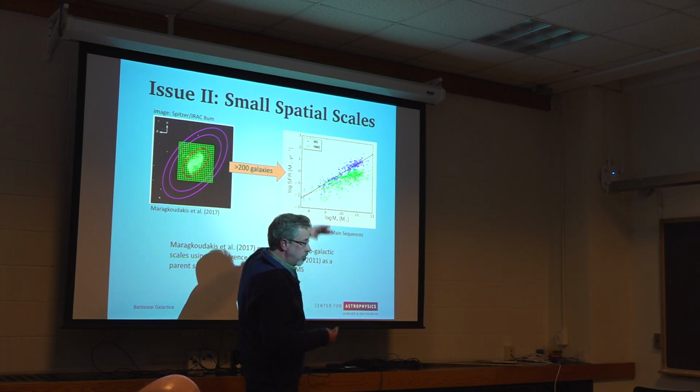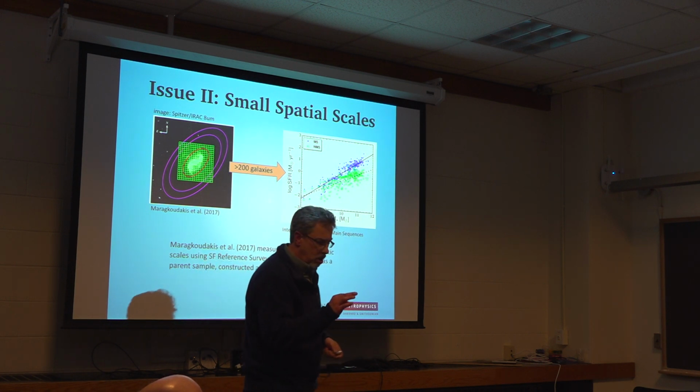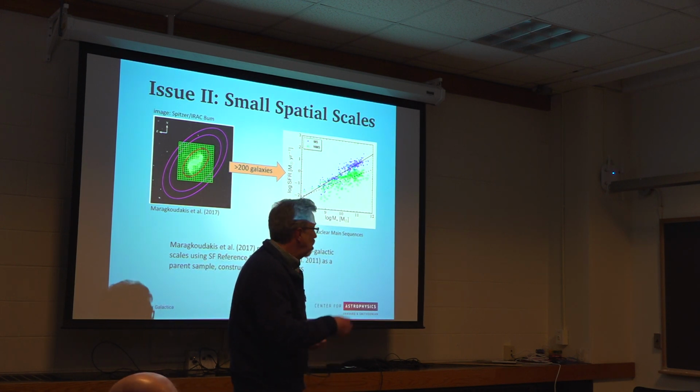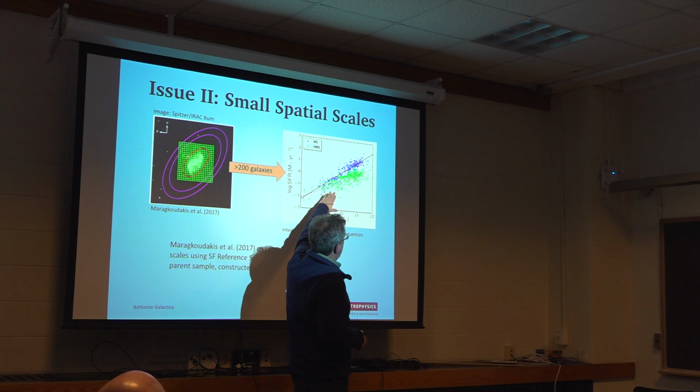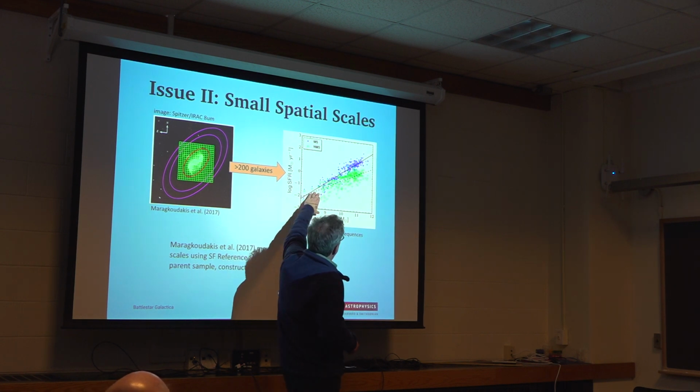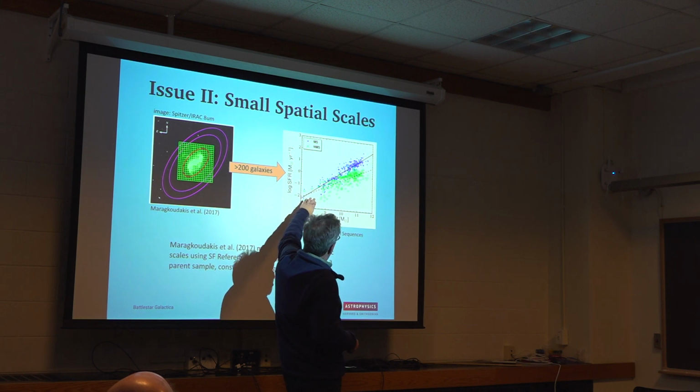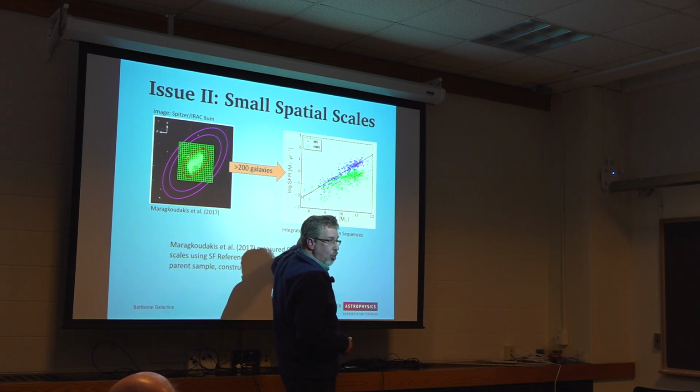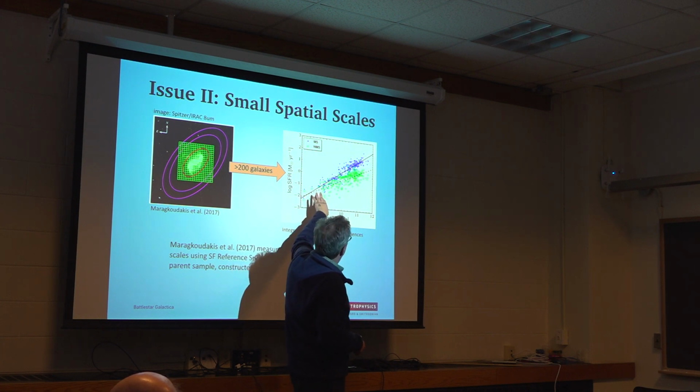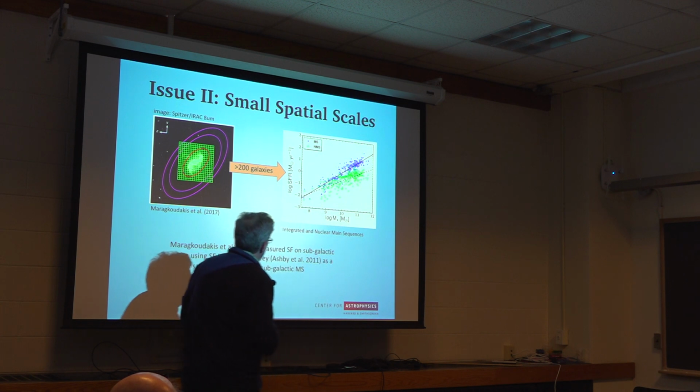If we put an aperture down just over the nuclei though, we get a different slope. We get a different behavior, which looks like the star formation is mostly concentrated in the nuclei for the lower luminosity galaxies, the lower mass galaxies, which was kind of interesting.